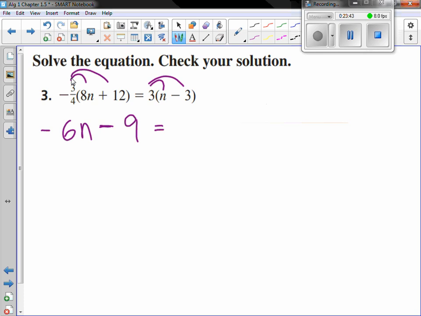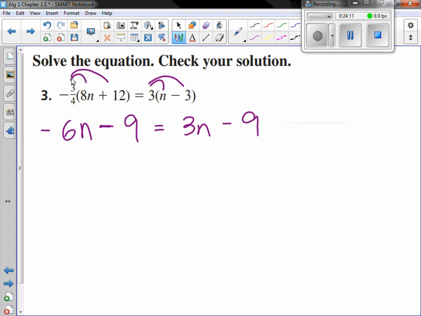So what do we have to do over here? We have to distribute the 3. 3 times n is 3n. Because if it's just a variable, it'll just be whatever that number is, n. Because what number really is with n over here? 1. Anything times 1 is just whatever that number is. So 3 times 3 is 9.